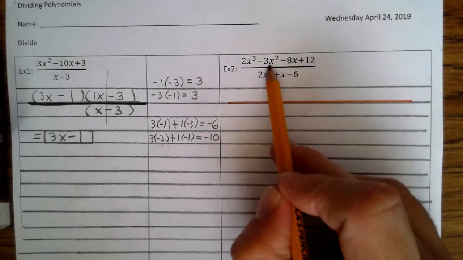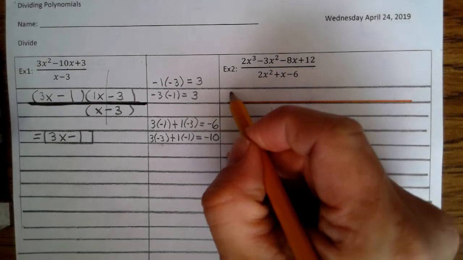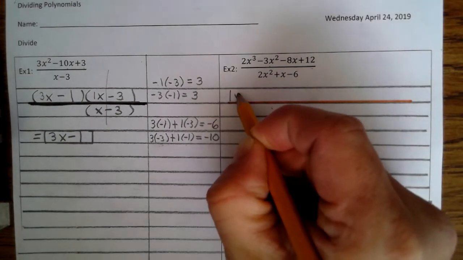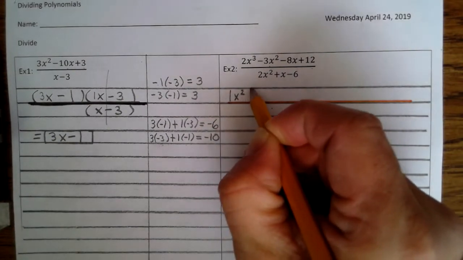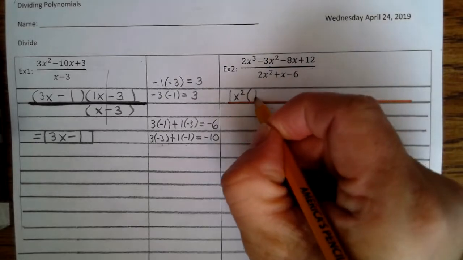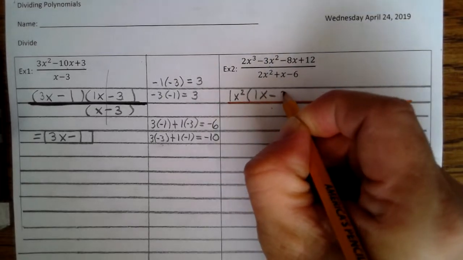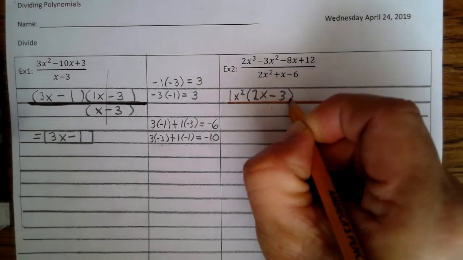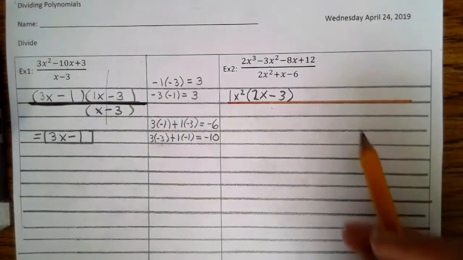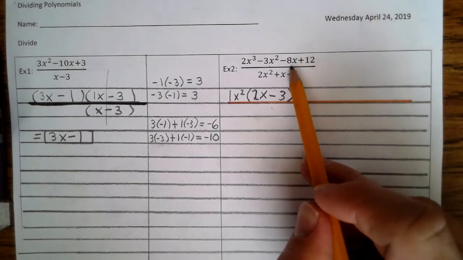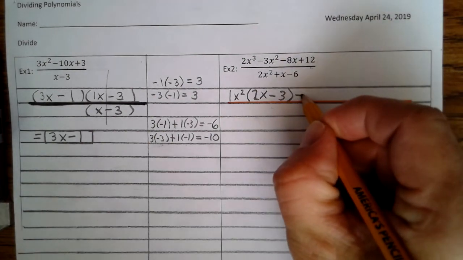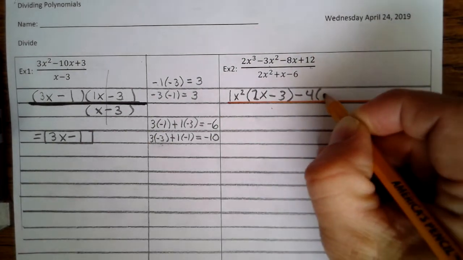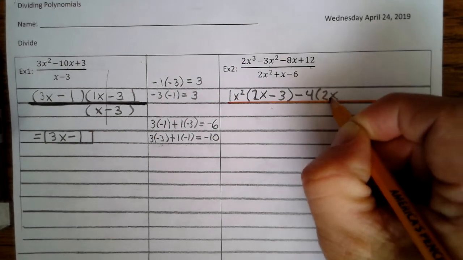So it looks like we can factor out a 1x squared, which leaves 1x minus 3. Oh, no, I'm sorry, 2x minus 3. Okay, now looks like we can divide both of these by negative 4, so we can factor out a negative 4, which leaves 2x minus 3.